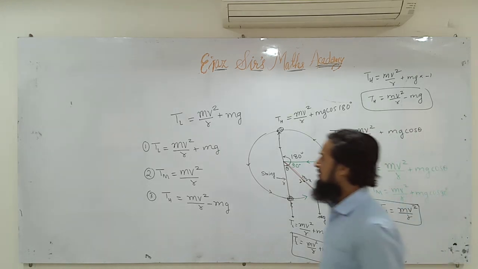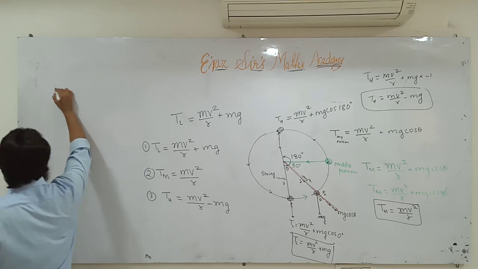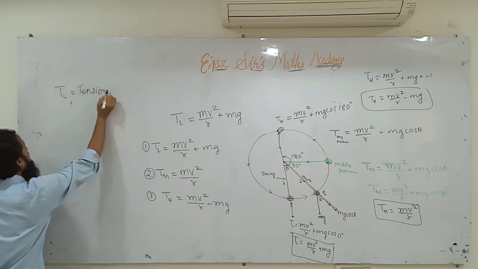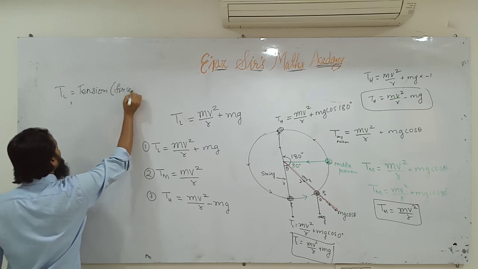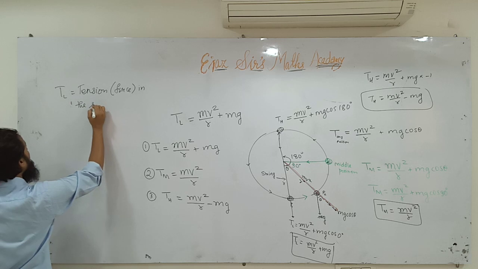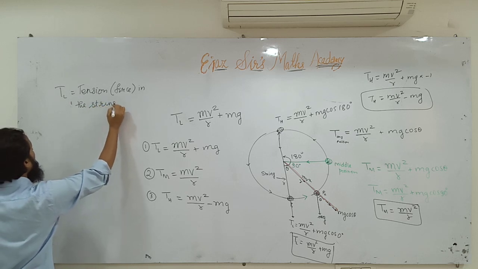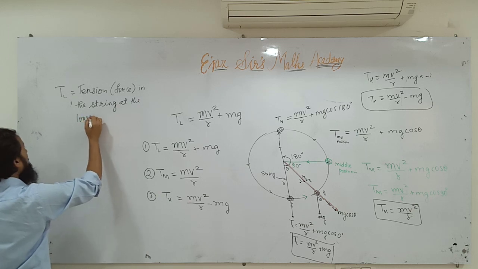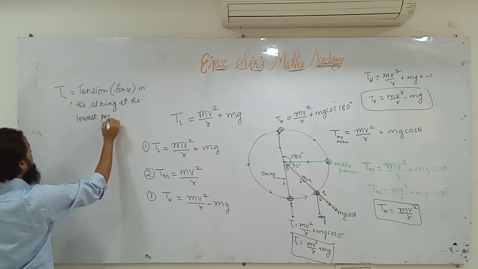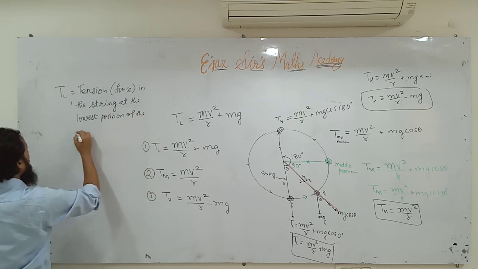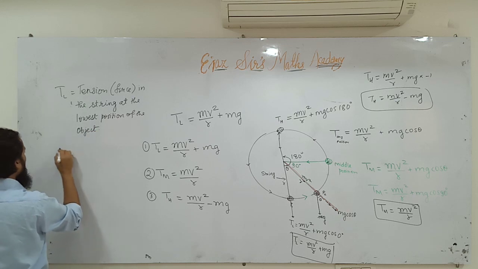What is TL? TL is tension in the string, or I can write it as force in the string, at the lowest position of the stone, or object we should write. It will not be a stone every time.